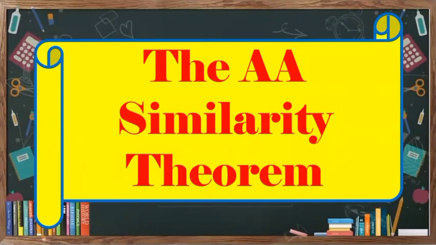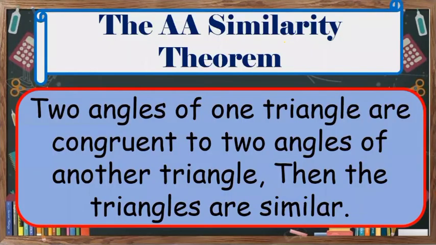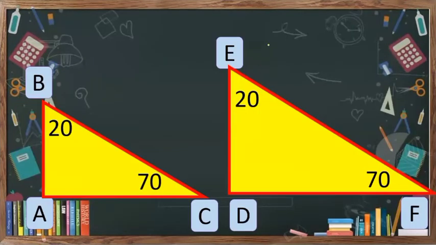Next, the AA similarity postulate or theorem. A stands for angle. So, we are going to consider only two angles of the two triangles. If two angles of one triangle are congruent to two angles of another triangle, then the triangles are similar by AA similarity theorem. So we're not going to consider anymore the third angle, just focus on the two corresponding angles.